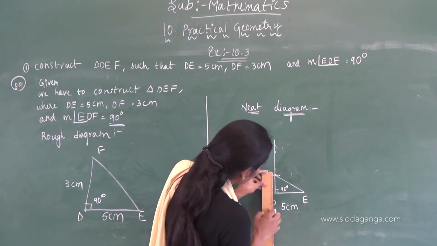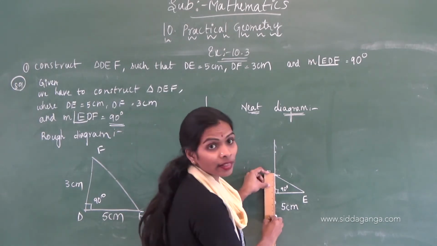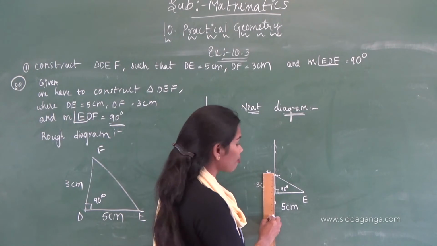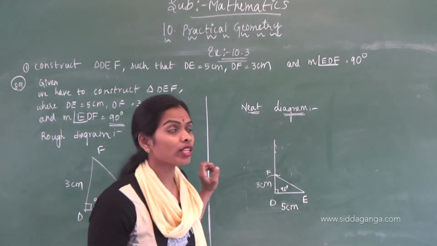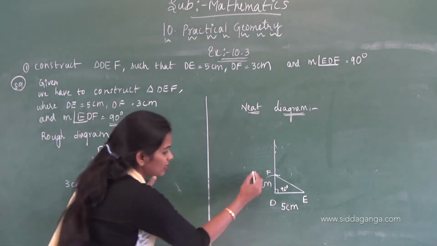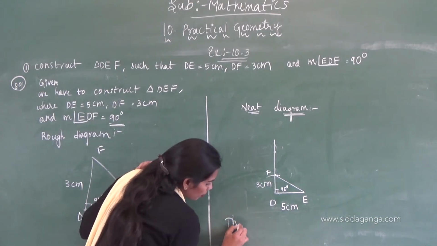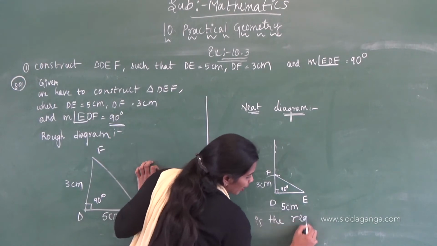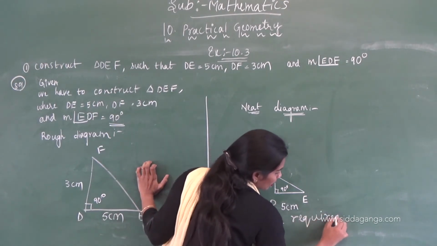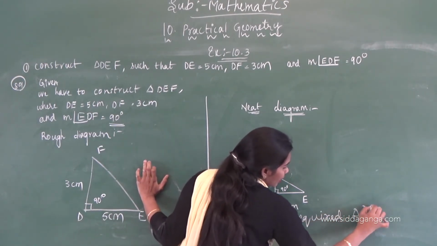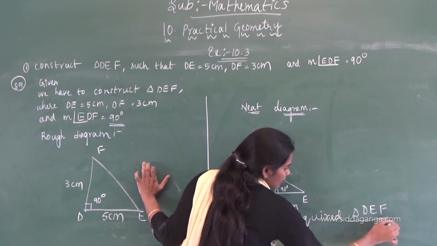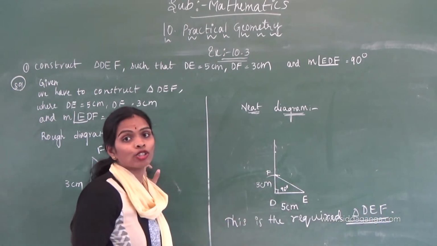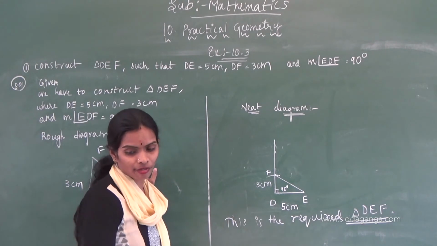Here DF, 3 centimeters. Okay, children, this is the required triangle DEF.